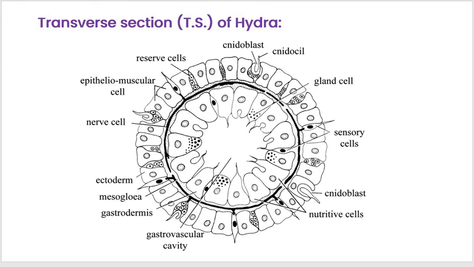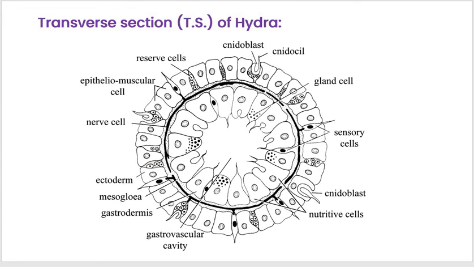Now after that, the second layer, that is gastrodermis. Gastrodermis is the inner cell layer of the body wall. It lines the gastrovascular cavity and is formed by large columnar cells. The function of gastrodermis is nutritive.